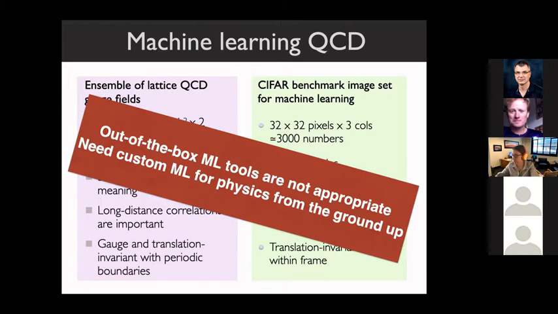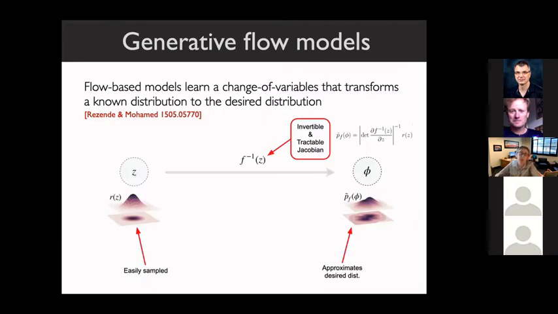And so just a detailed example of one way that you can do this successfully is by developing so-called flow-based models, where the idea is very simple. You're trying to optimize the parameters of a model, a change of variables that takes you from an easily sampled distribution to the distribution of interest.